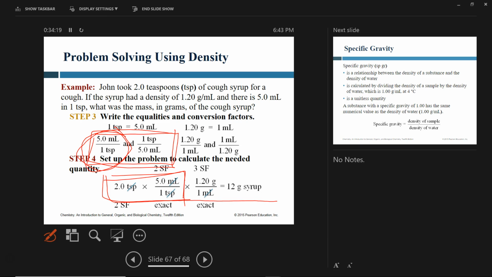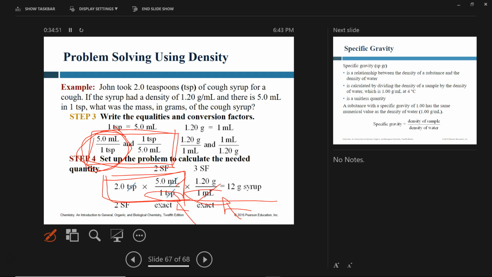And then you need to multiply the product of that multiplication by the density of the cough syrup. So mils are going to cancel each other out. So in the end, you have 3 numbers that you have to multiply: 2 by 5 by 1.2. Now, this and this are exact numbers, so you don't really care about teaspoons or mils.